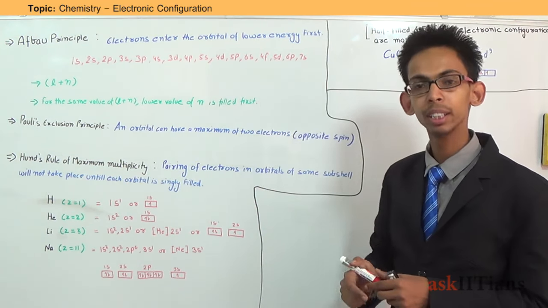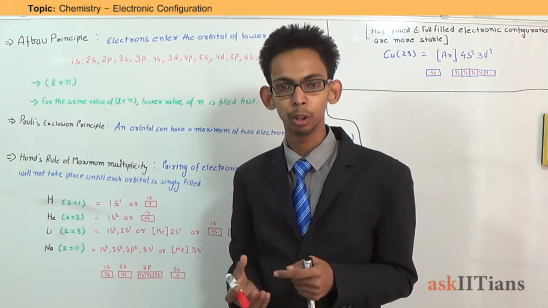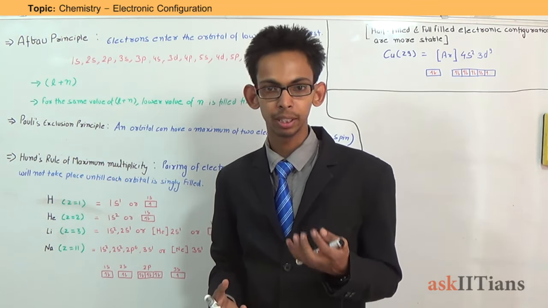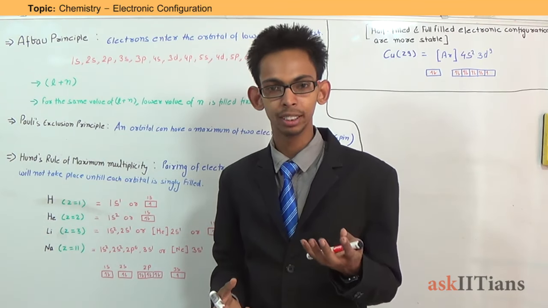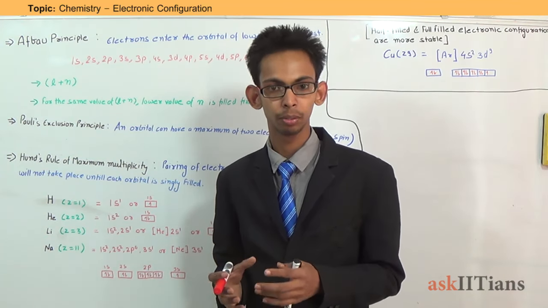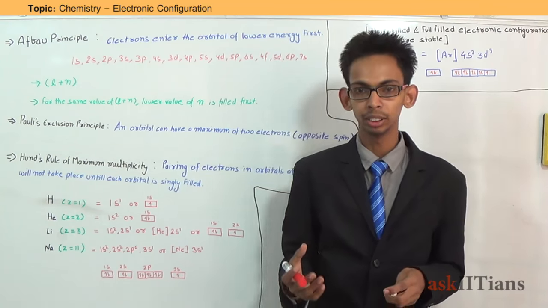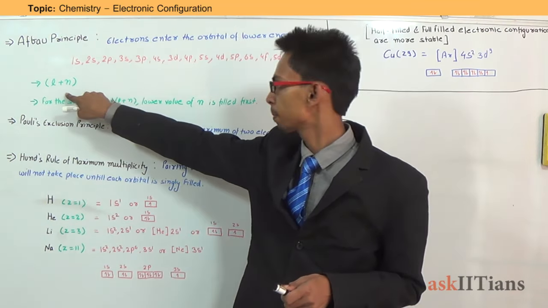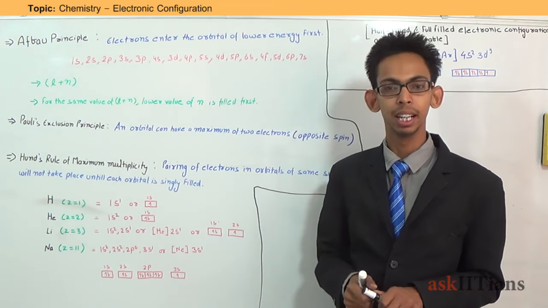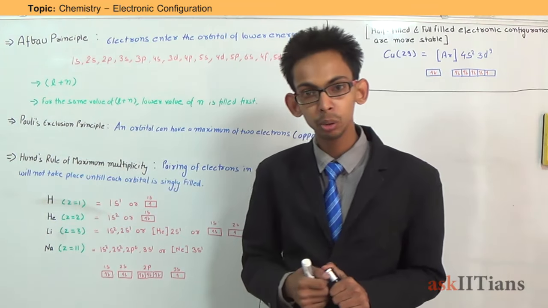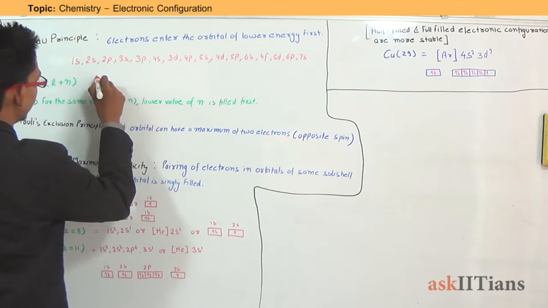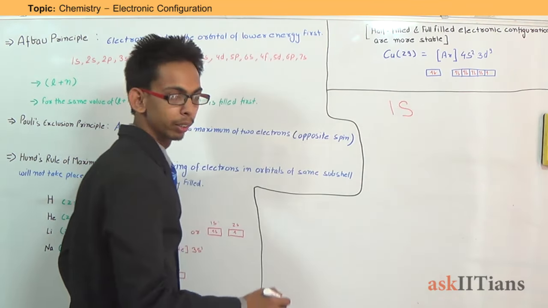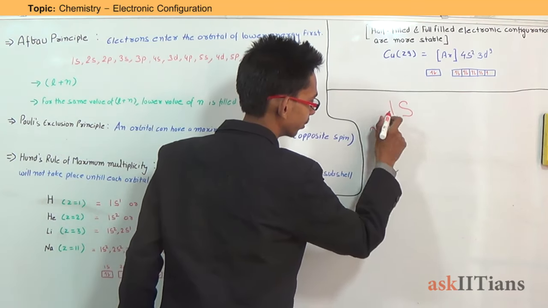Now, how do we know which orbital is of higher energy and which one is of lower energy? In order to find out the order for filling electrons in terms of the energy of orbitals, we'll use the n plus l rule. The n plus l rule means if we talk about a particular orbital, say 1s, the value of n is 1.